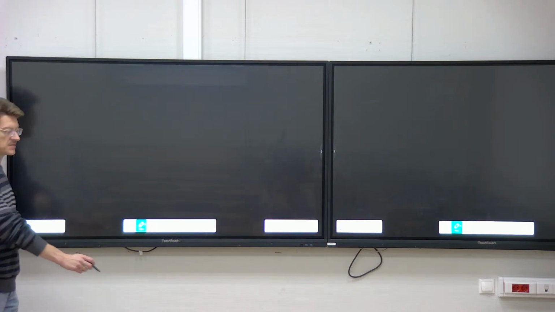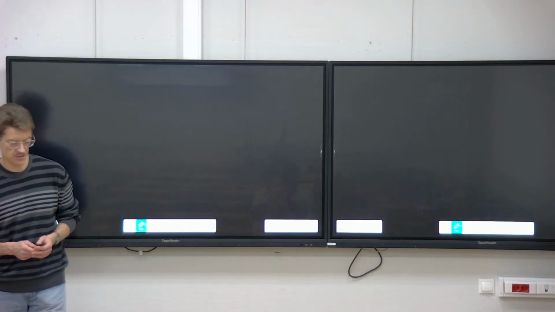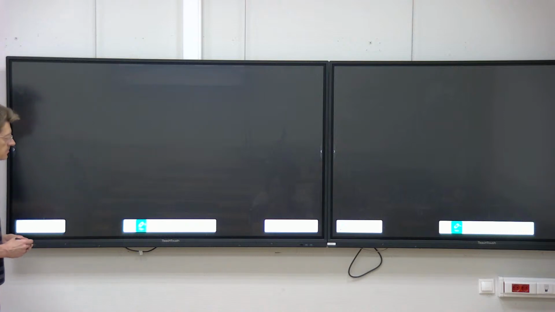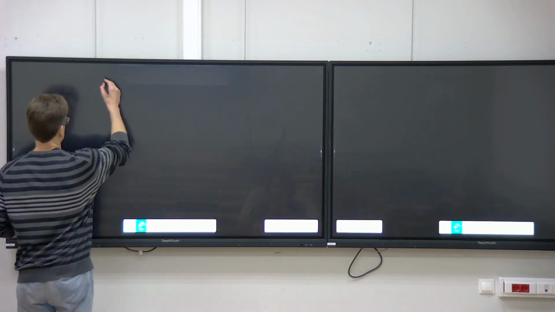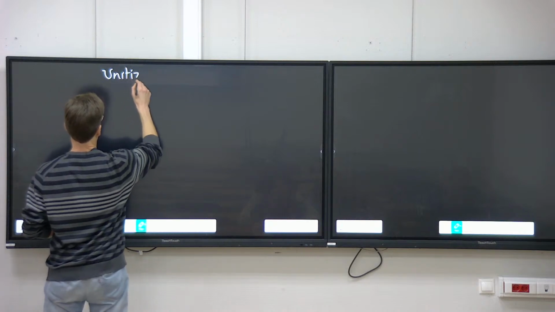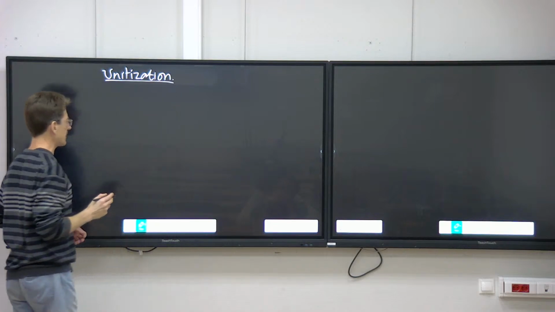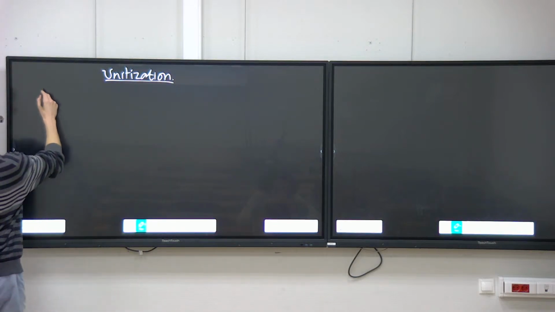To begin with, let's discuss a standard and simple procedure of adjoining an identity to a non-unital algebra. The procedure is called unitization. Suppose we have an algebra.